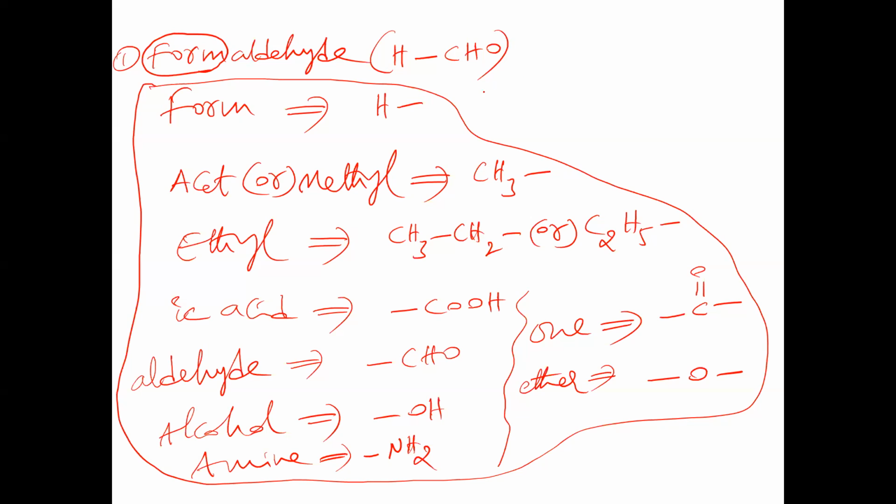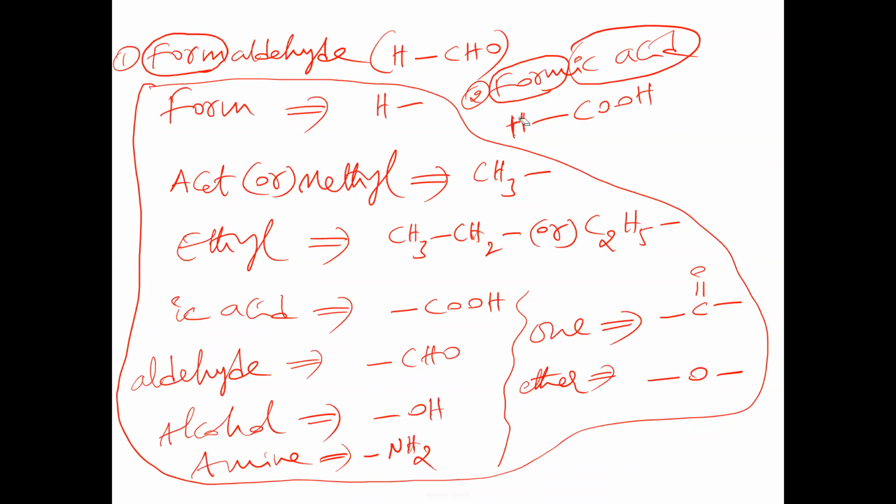And suppose you take formic acid. In this, form indicates H bond, and ic acid means COOH. So formic acid means H bond COOH. And I'm taking acetaldehyde. Acet indicates CH3, so CH3 bond aldehyde CHO.